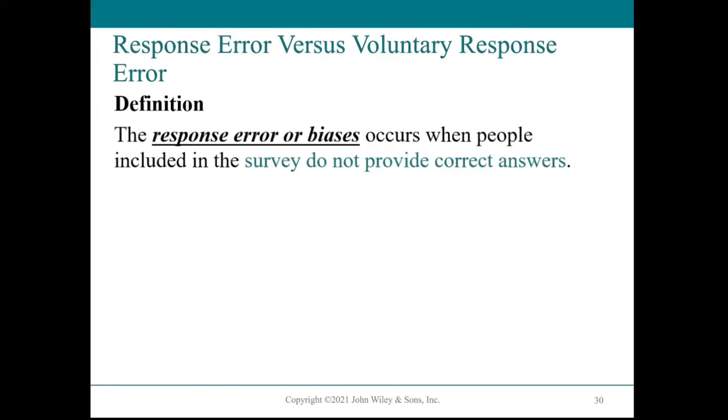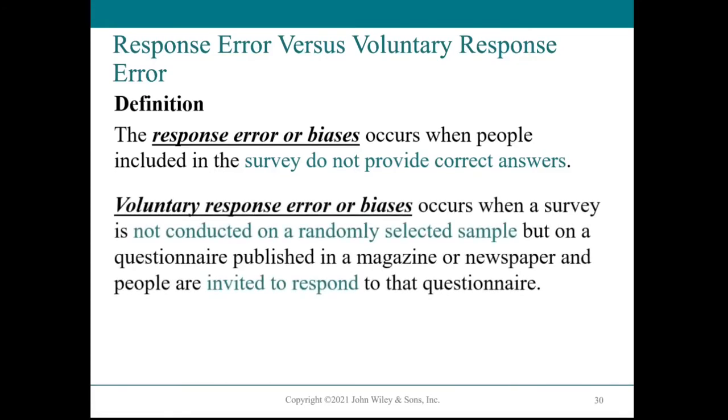Response error or bias occurs when people included in the survey do not provide their correct answers, whereas voluntary response error or bias occurs when a survey is not conducted on a randomly selected sample but is based on the voluntary response of your sampling frame.